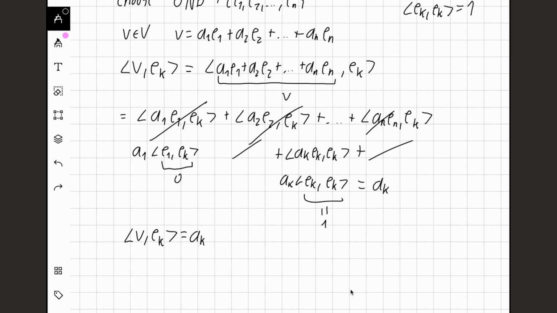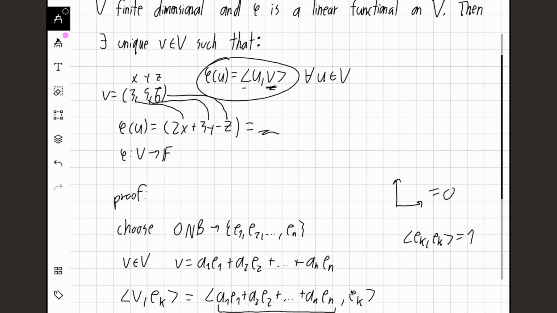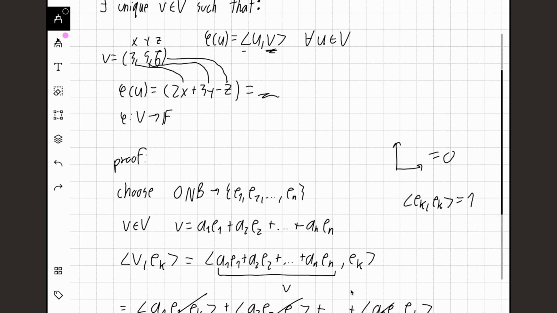That is a very cool property, and we're going to use it in our proof. Now that we found that out, let's take the linear functional on our vector u, because what are we trying to prove? We're trying to prove that for every linear functional there's a special vector such that the linear functional can be represented as an inner product between u and v.